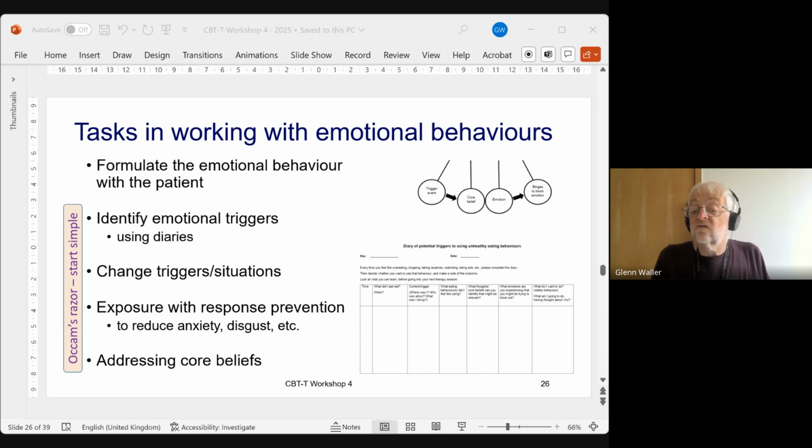Now, exposure will work fine for anxiety, it will work fine for disgust, it will not work fine for other emotions. Just remember, anxiety is pretty responsive to exposure. However, if the emotion is something like anger or shame, it's far less likely to be effective.